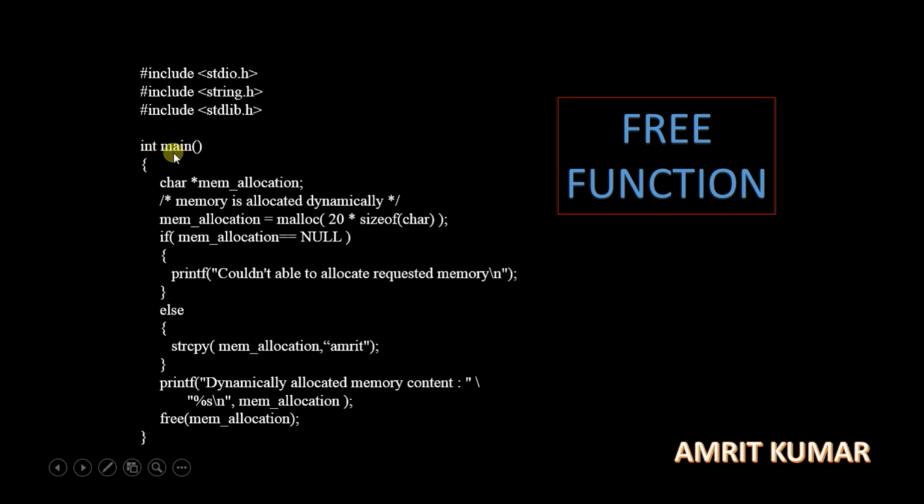After that, I am opening my main function here, and you can see this is a pointer mem_allocation which is of type character, so it is going to carry only characters. After that, I am allocating the memory dynamically with the help of the malloc function. 20 bytes of memory are going to be allocated to the mem_allocation variable, which is a pointer variable that can store only the character data type.